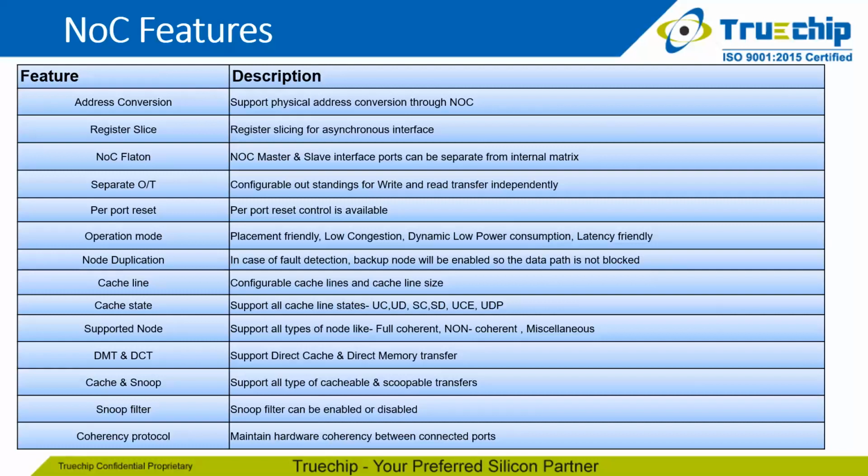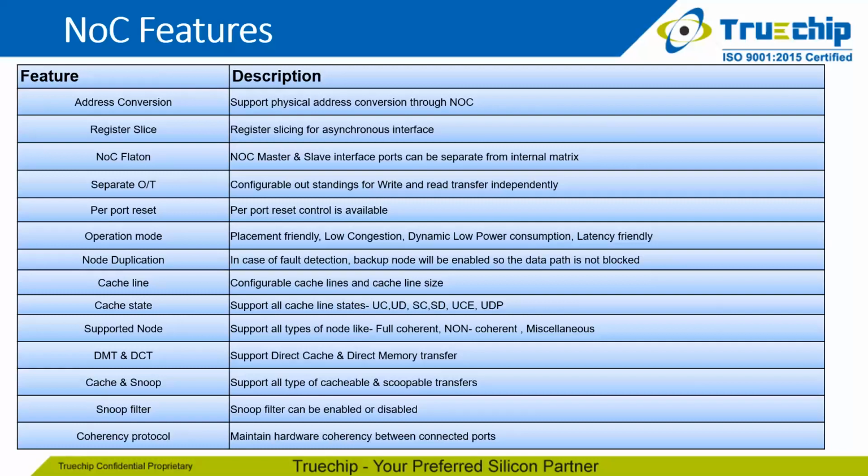Now let's look at some cache features. Cache lines are available and configurable, both cache lines and cache sizes. If we talk about the states, all the cache states are supported, which are UC, UD, SC, SD, UCE, and UDP.